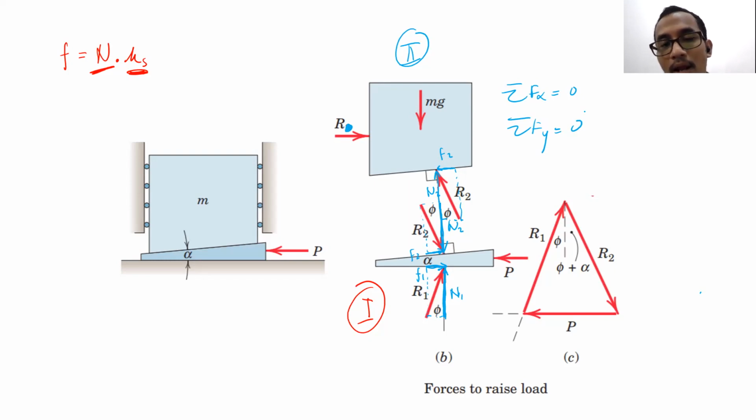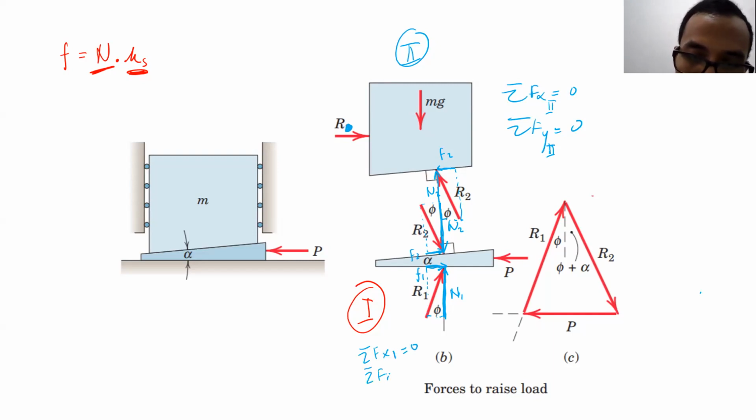Then by solving R and R2, we can use R2 in the first free body diagram to solve for R1 and P, using sigma fx1 equal to 0 and sigma fy1 equal to 0. That's it. Any question, boys?